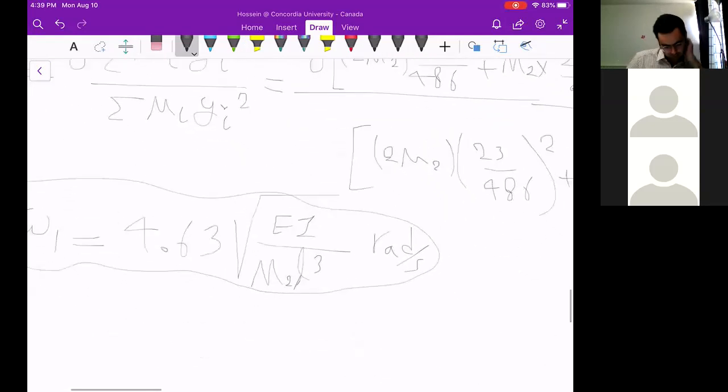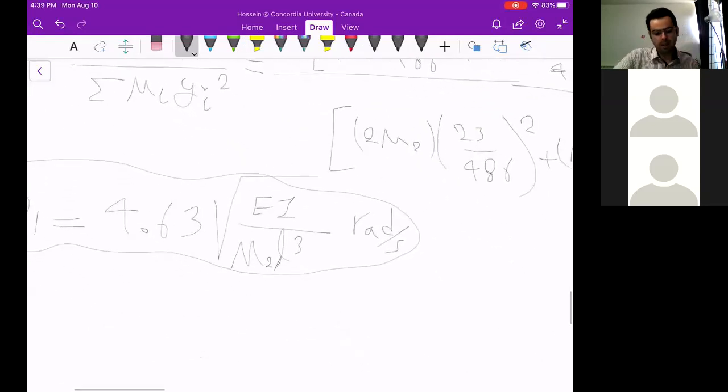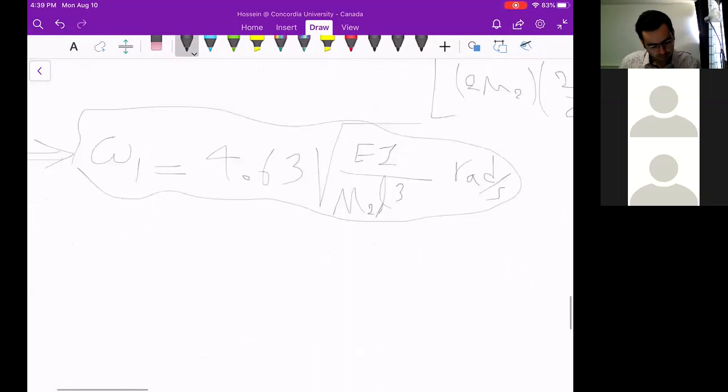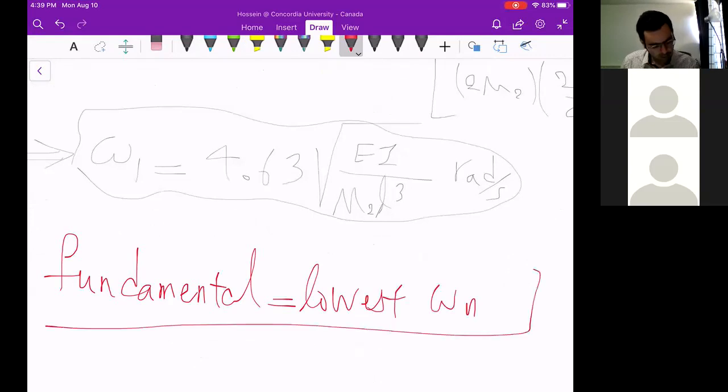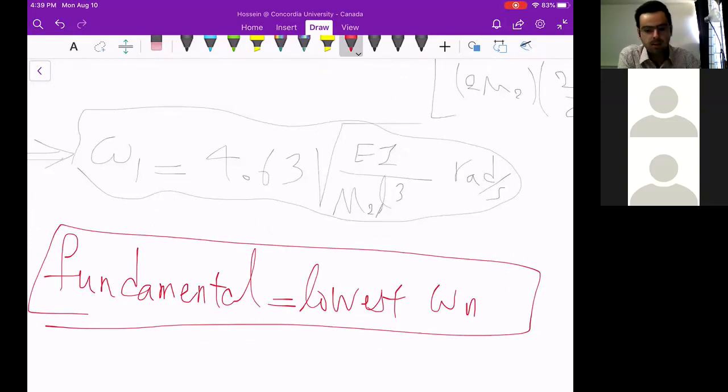This is how we obtain the natural frequency. The fundamental frequency is basically the lowest omega n, using the Rayleigh method for lumped masses.